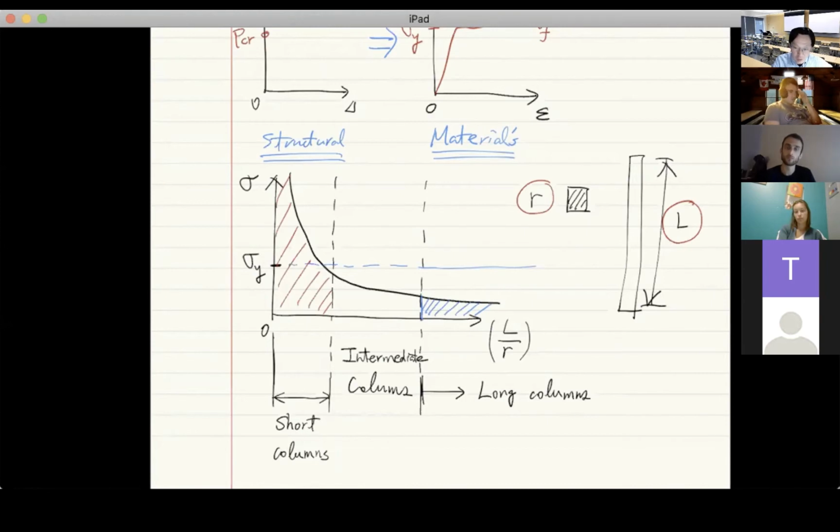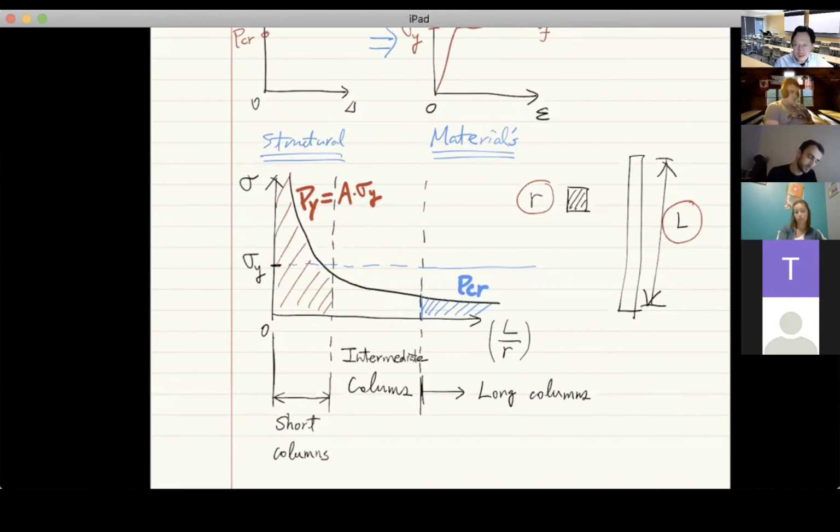For long columns, you just calculate PCR. For short columns, you just calculate PY. So in this region it is just PCR, and in this region it is PY. And PY is just A times sigma Y.